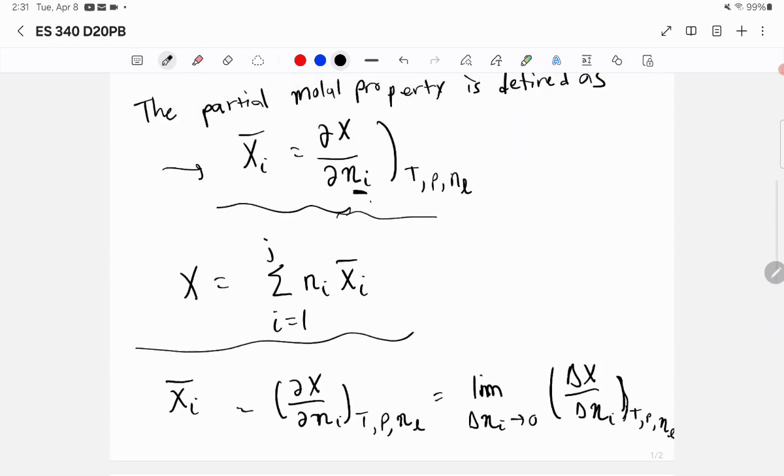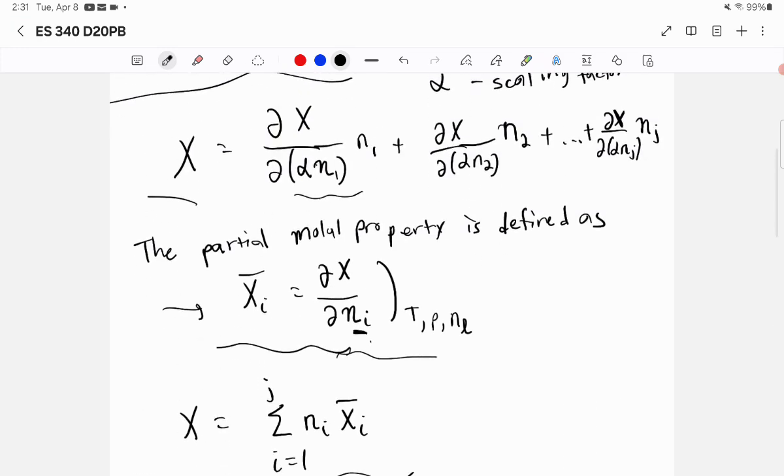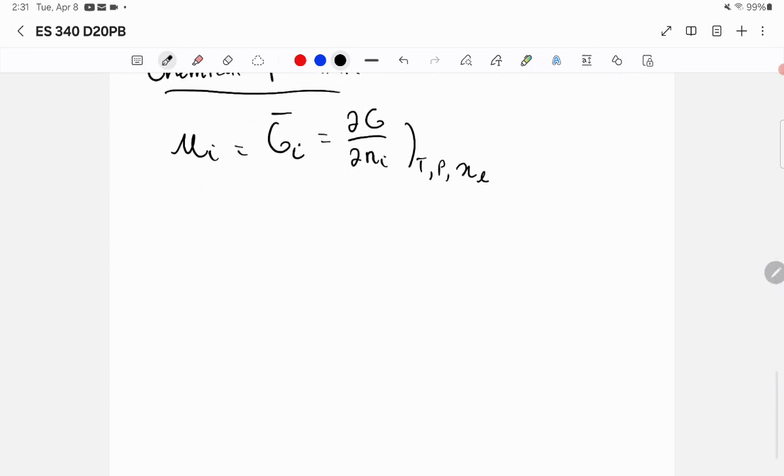If we think of the Gibbs function as one of these extensive properties of the system, then we replace that here with the Gibbs function, taking the derivative there, and this is what's called the chemical potential.